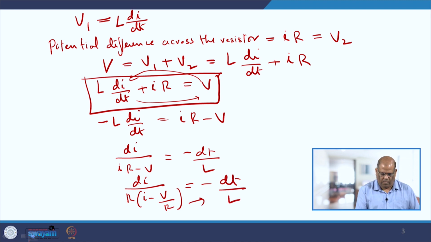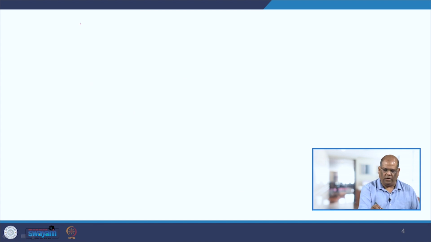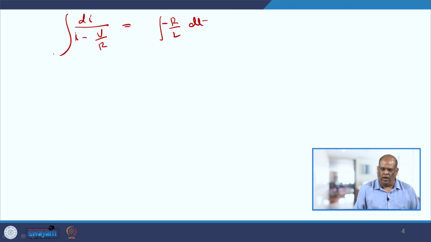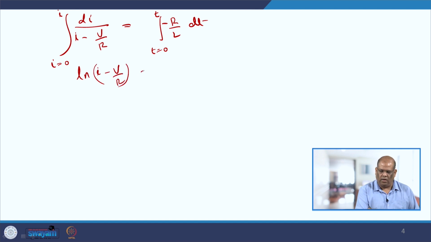I will cross multiply and get the equation of the form di by I minus V by R equal to minus R by L dt. We integrate both sides, from time t equal to 0 to time t equal to t, and initially there is no current, going to some value I. So, this is just log of I minus V by R equal to minus R by L t.